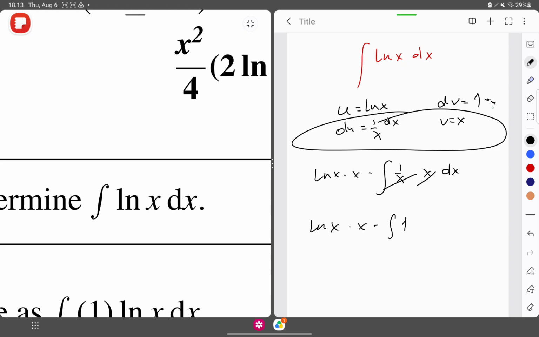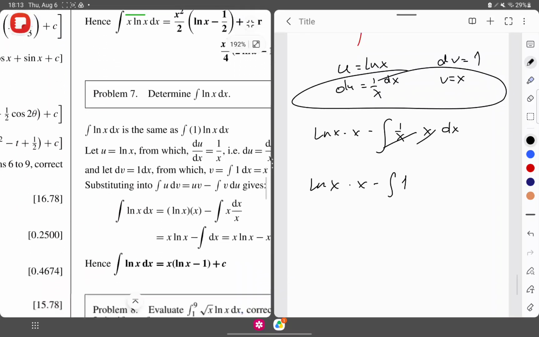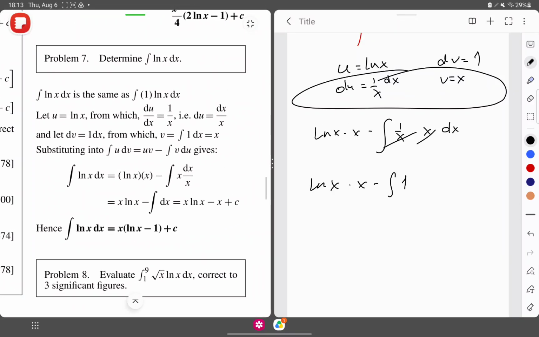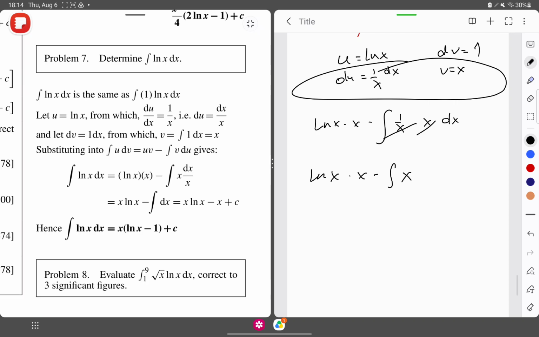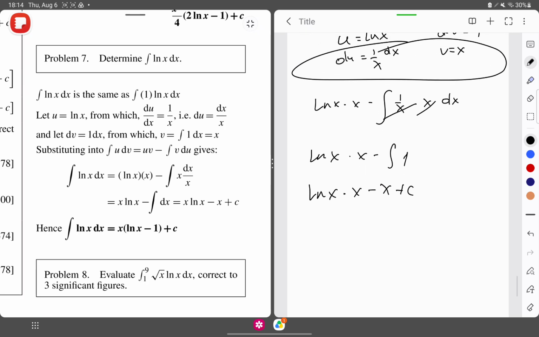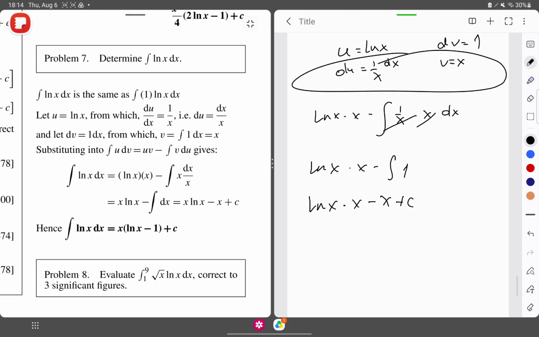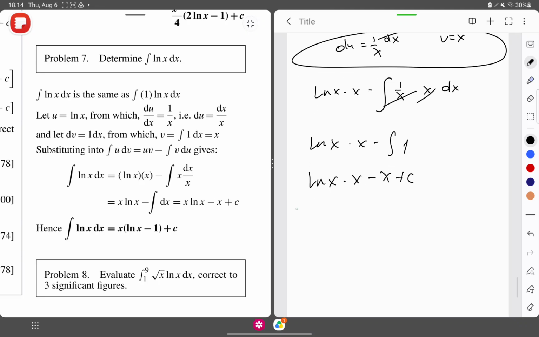So ln x times x minus x plus c is what I meant.